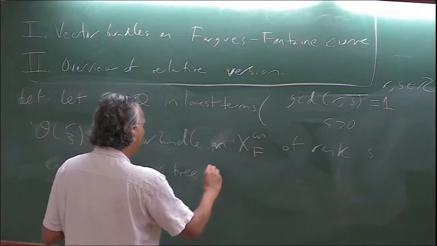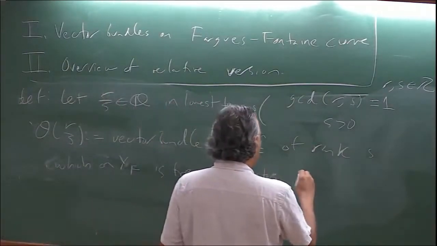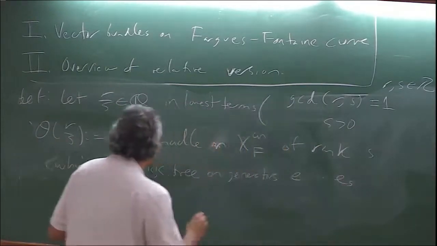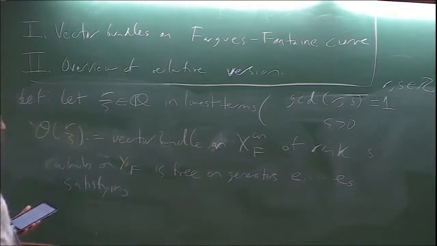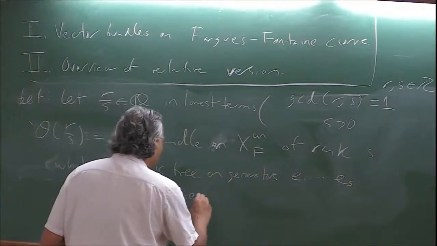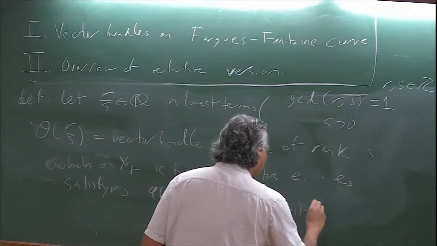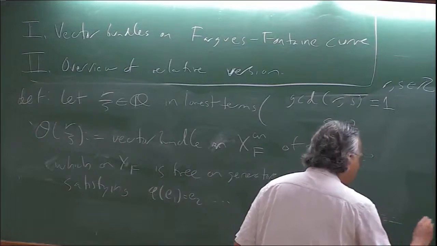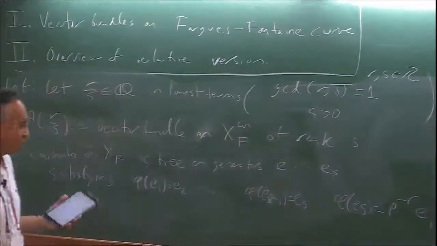This is going to be free on generators E1 through ES, satisfying... And so the thing I have to tell you is how the phi action operates on these generators. It's going to be a shift until I get to the end, and then the shift is going to be twisted by p to the minus r. So this should look familiar.